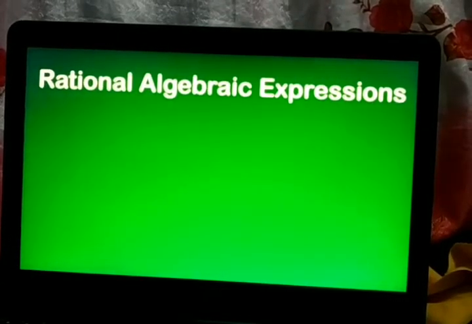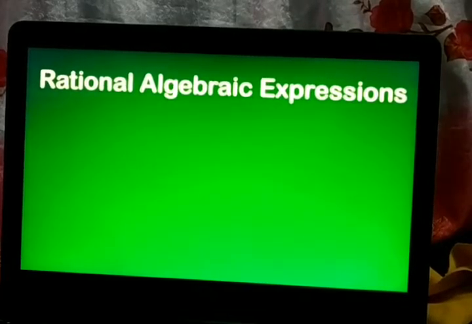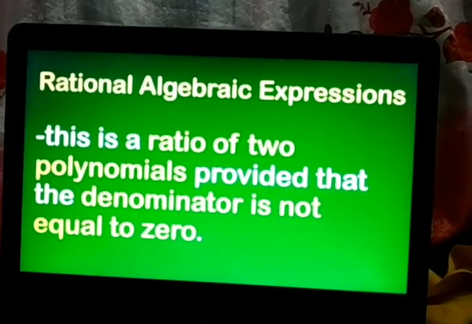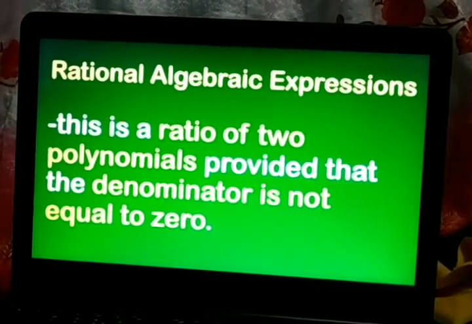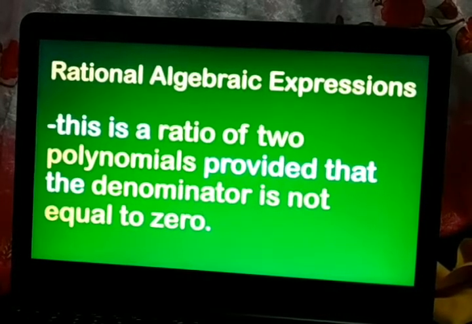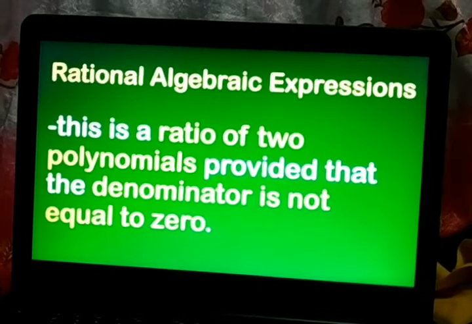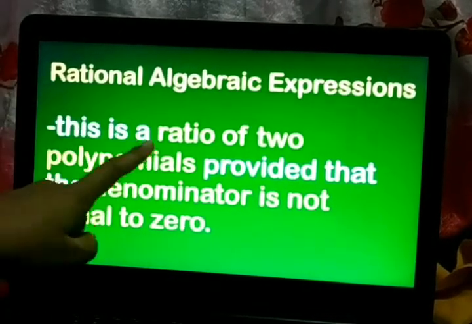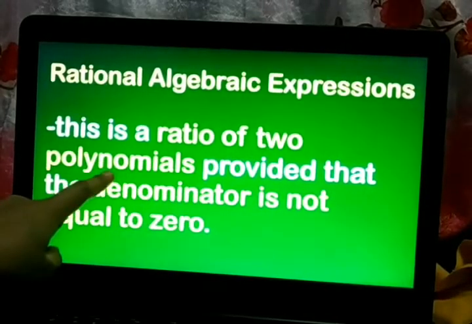Now, let's go back to the definition of rational algebraic expressions. They are polynomials, but we have to understand the two important qualifications or standards of rational algebraic expressions. We can call them rational algebraic expressions if it is a ratio of two polynomials.